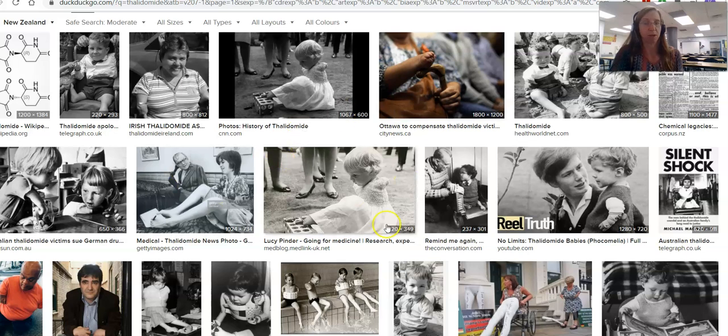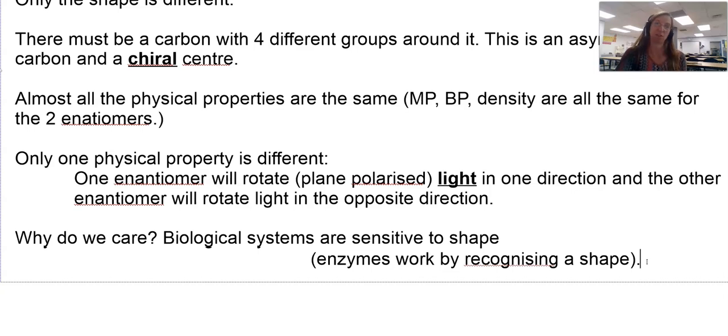Many people at this time were born especially without arms, and you can imagine that made their lives much more difficult. They still managed, many of them, to do amazing things, but it was much more difficult than it might have been otherwise. So although there's only one physical property that's different and the chemical properties are the same, the biological properties are not the same.